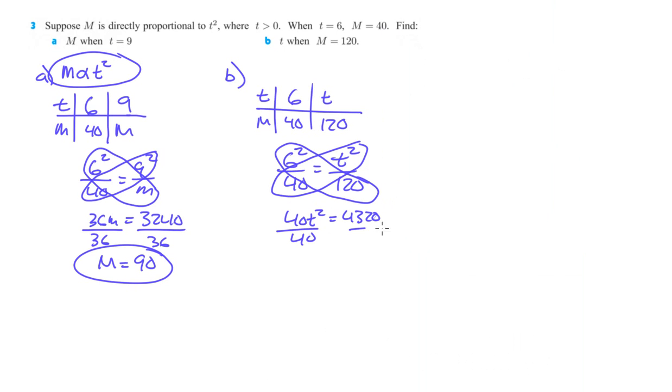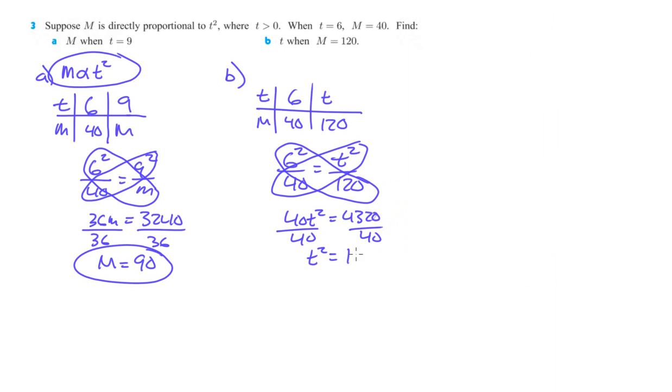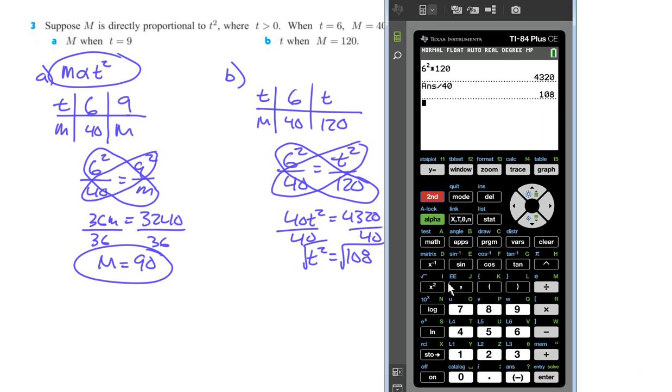Divide both sides by 40, and we get that t squared is 108. But we don't want to know what t squared is, we want to know what t is. So our last step is to square root both sides. So we square root our answer.